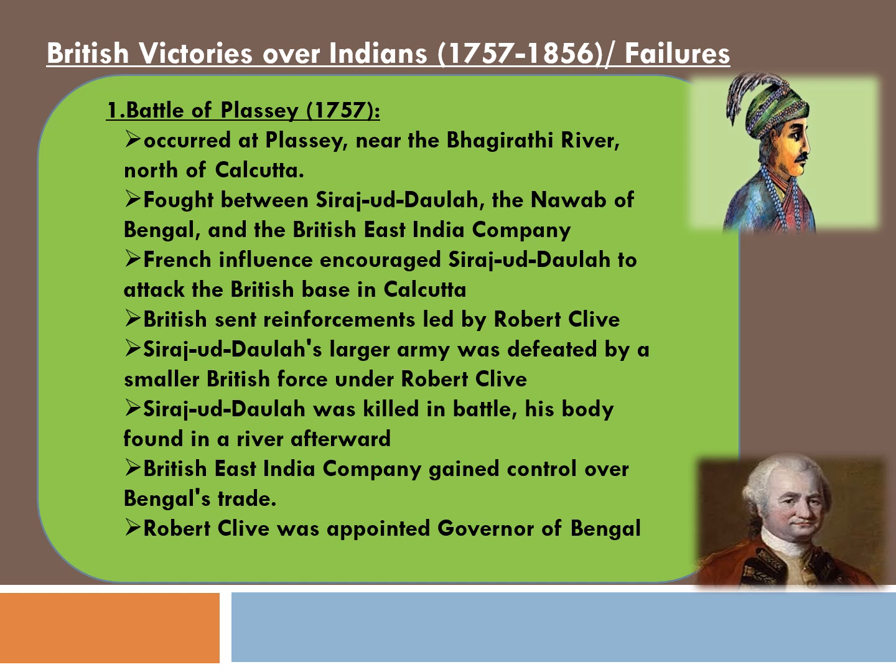Siraj-ud-Daulah, the newly appointed Nawab, ordered the British to halt fortification expansion, and French influence encouraged him to attack the British base in Calcutta, which he briefly captured in 1756, but the British sent reinforcements led by Robert Clive, who bribed key figures in Siraj-ud-Daulah's camp. His larger army, about 50,000 soldiers, 40 cannons and 10 war elephants, was defeated by a smaller British force under Robert Clive of almost 3,000 soldiers.